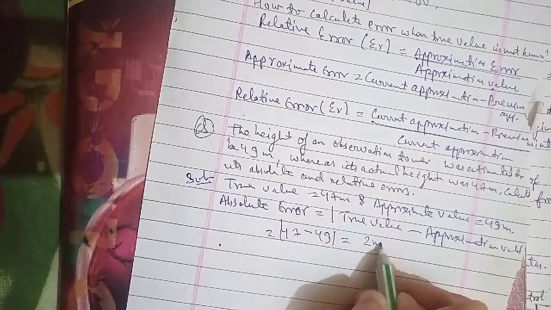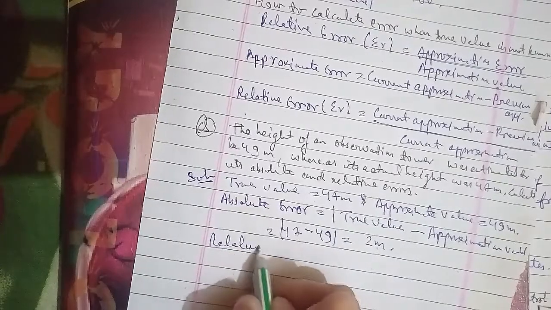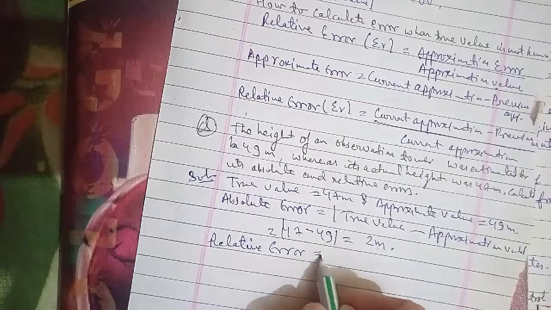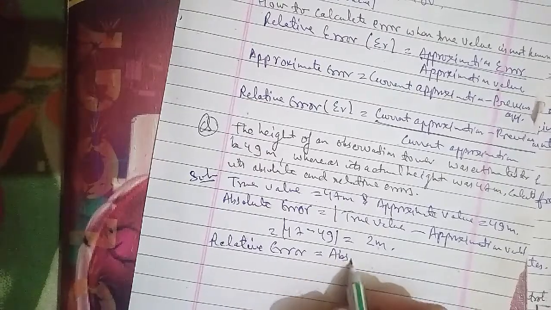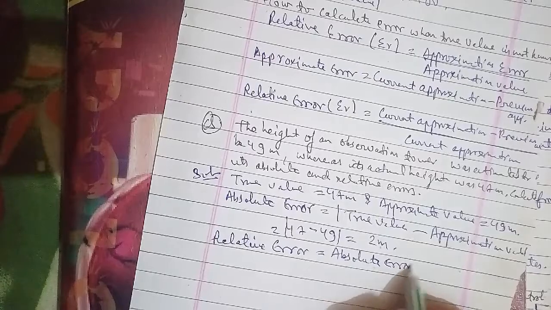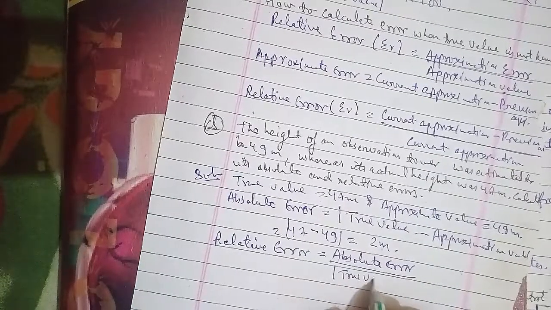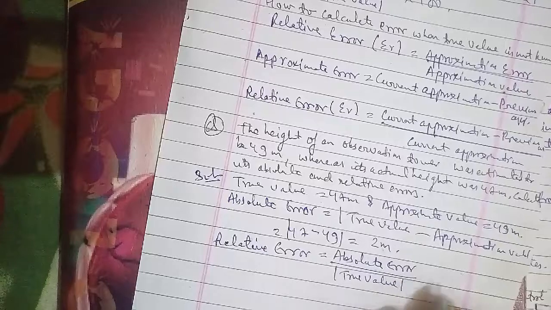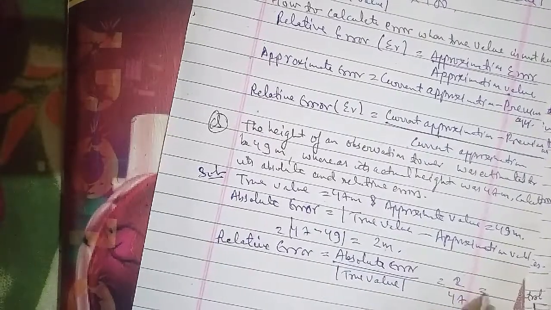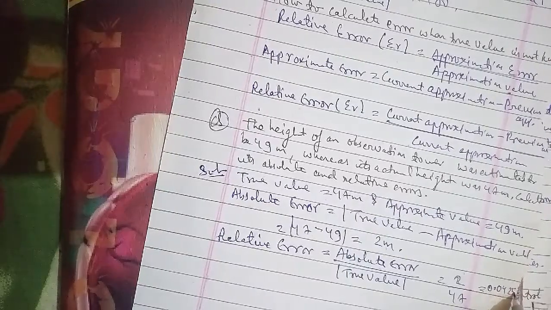So we'll do another question here: if x equals to 0.4000 is correct to 4 significant digits, find the relative error.